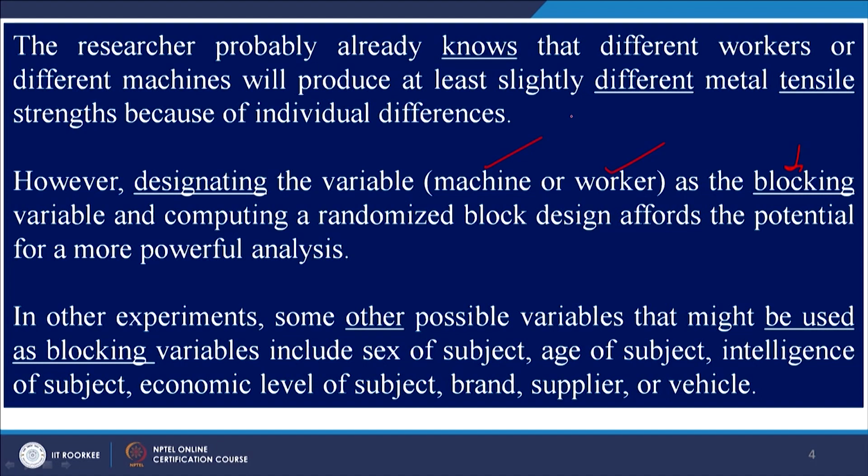In other experiments, some other possible blocking variables are the gender of the worker, the educational qualification of the worker, the age of the worker, intelligence of the subject. So, there can be n number of confounding variables.